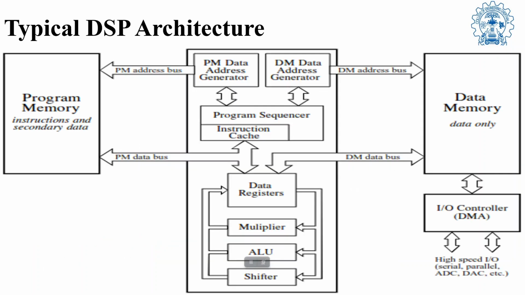The main buses, that is the program memory bus and the data memory bus, are also accessible from outside the chip, providing an additional interface to off-chip memory and peripherals.